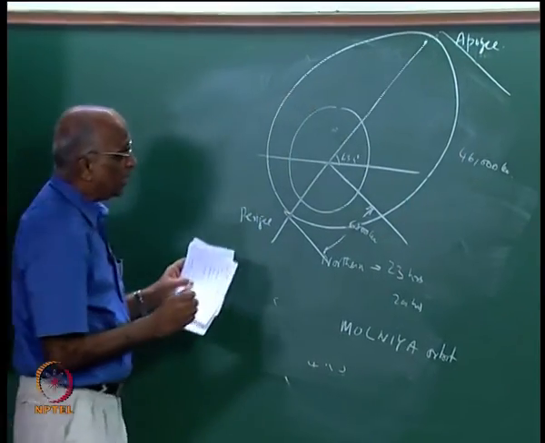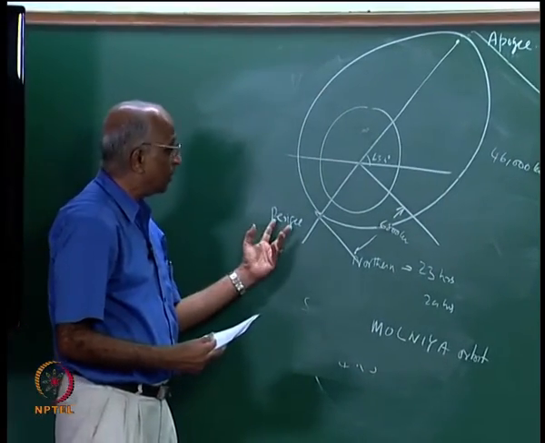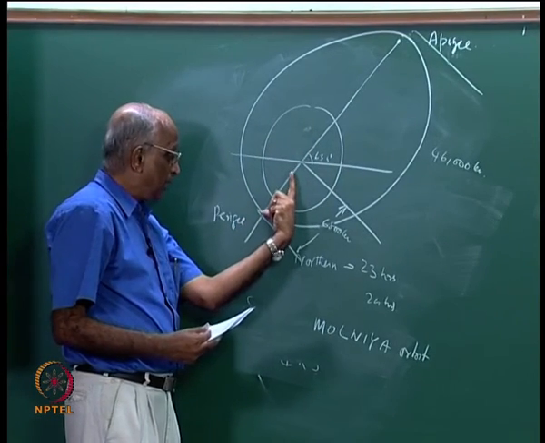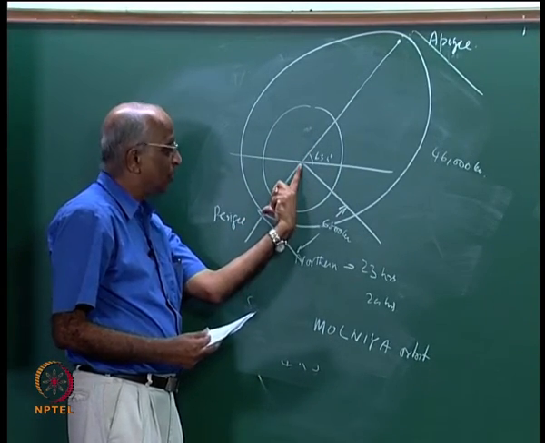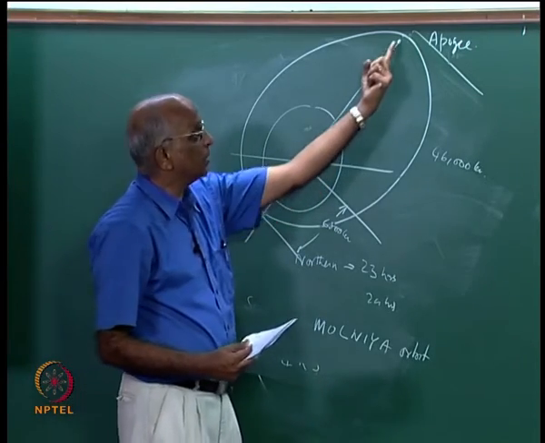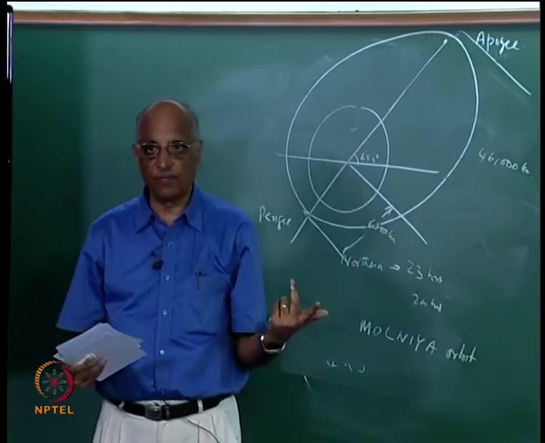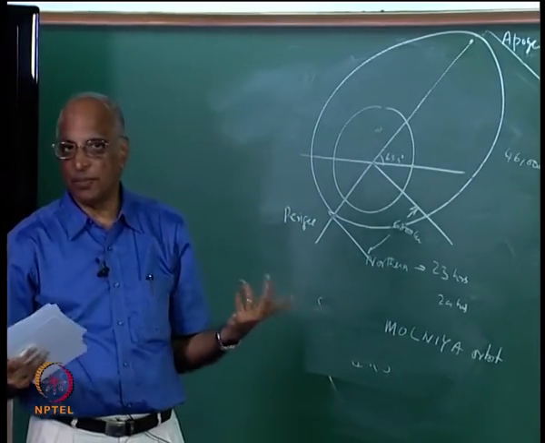Therefore, in an elliptical orbit we also define perigee and apogee. Perigee is the orbital distance nearest to the center of the earth, and apogee is the farthest distance from the earth. These are for the case of elliptical orbits.